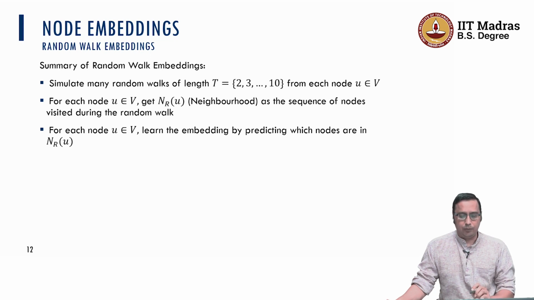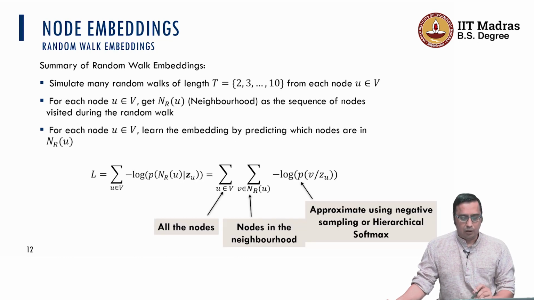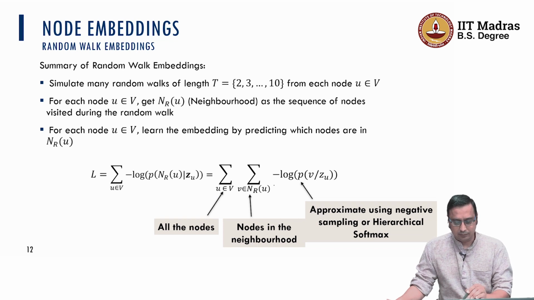For each node u, we want to learn the embedding by predicting which nodes are in N_R(u), or in other words, we would like to minimize this objective function: a sum over all the nodes in V. This can be decomposed into a summation over v, all the v which are in the neighborhood N_R(u).